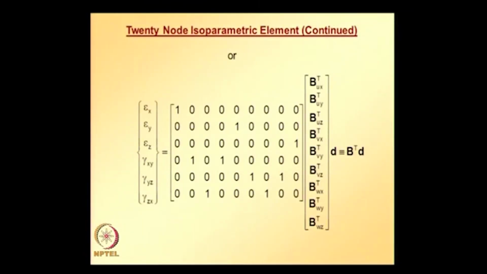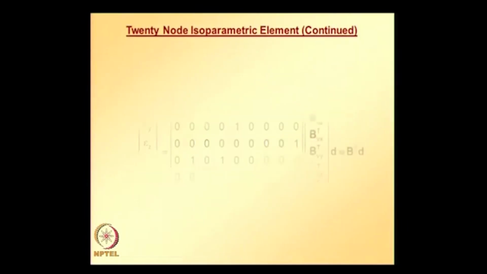So, basically all these details are similar to what we already looked at for the 8 node hexahedral element, except that dimensions of matrices and vectors are going to be longer. So, strain can be compactly written as B times d.